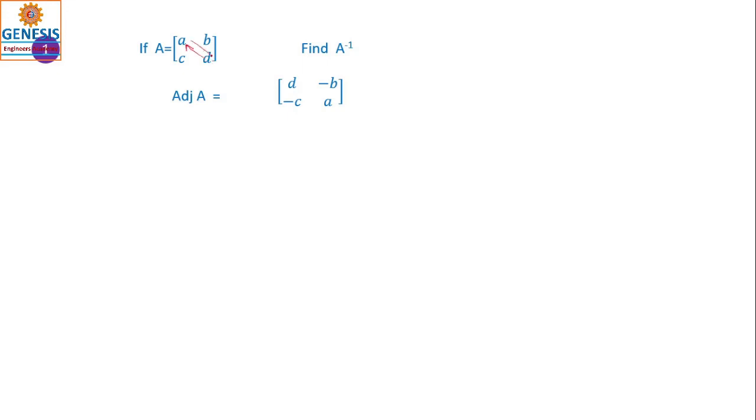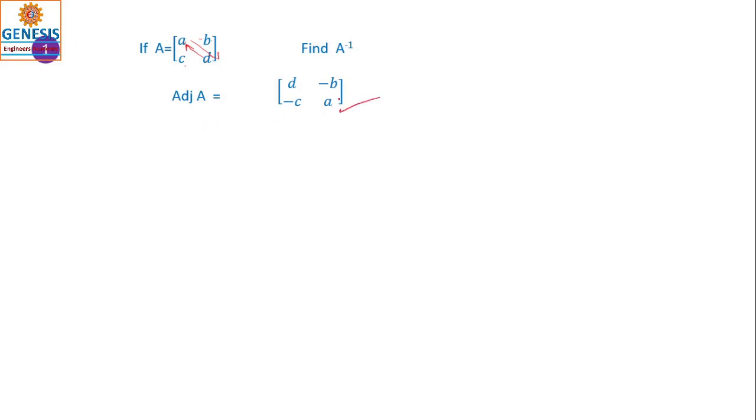So A becomes A 2 2 and D becomes A 1 1, and you simply change the sign of these two terms. In most problems you will be given a 2 by 2 matrix, so you need not find the inverse matrix the long way. Inverse matrix is equal to adjoint matrix by determinant. Its determinant is AD minus BC and the inverse matrix is the adjoint divided by the determinant. So this is the adjoint matrix.